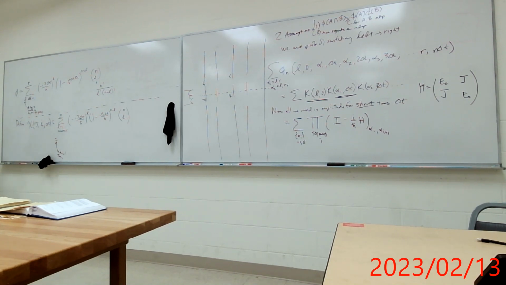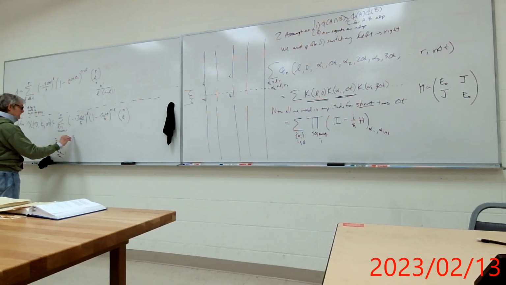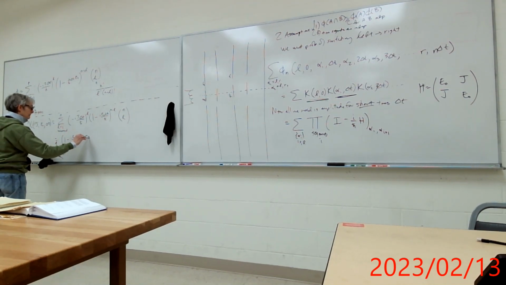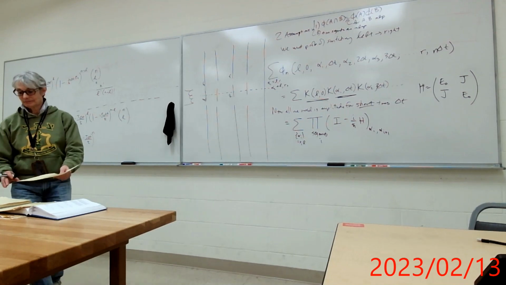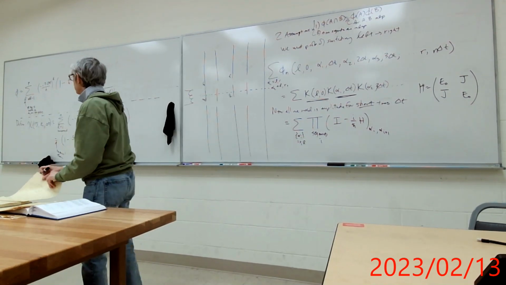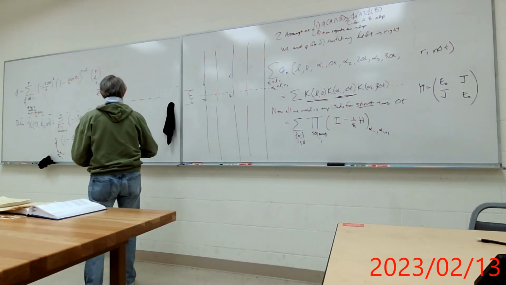So from the binomial theorem, I can immediately get what this is. Just look it up. Right, so this is 1 minus i E naught delta t over h bar minus i j delta t over h bar raised to the nth power.